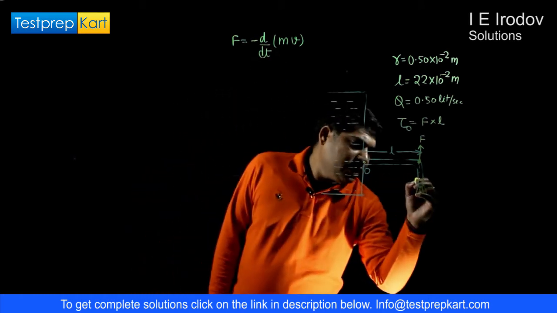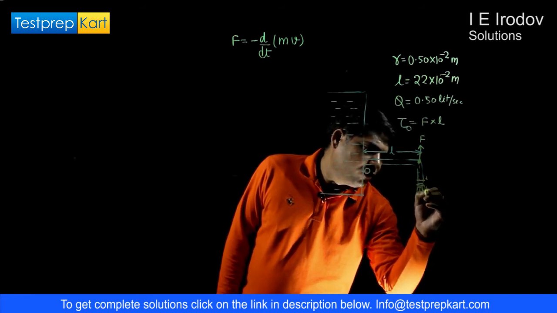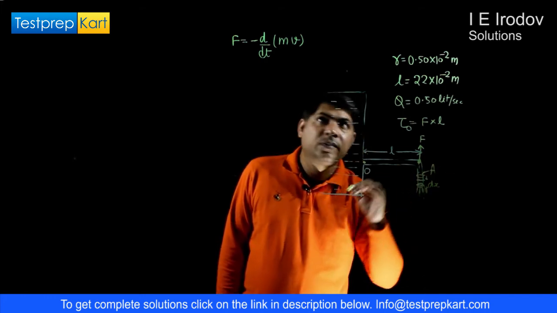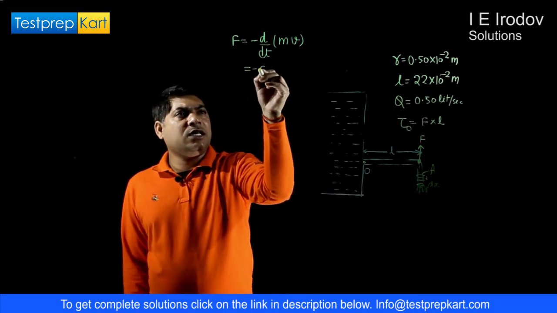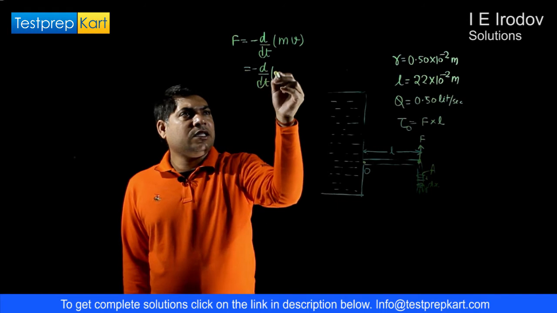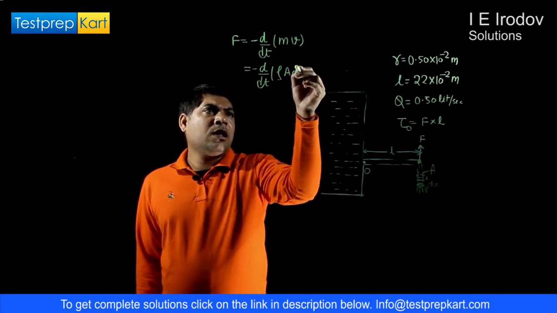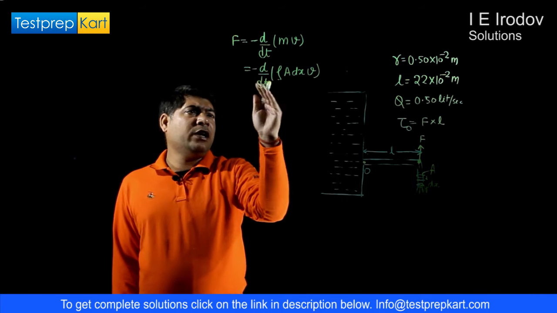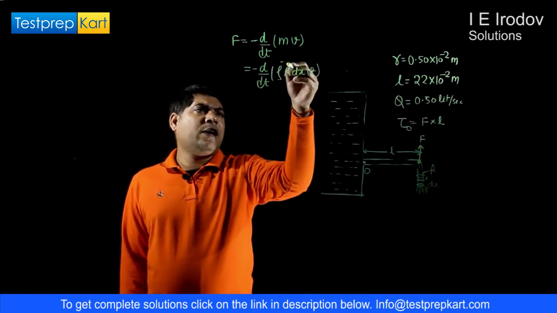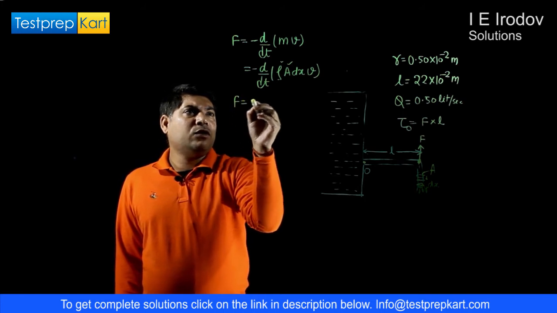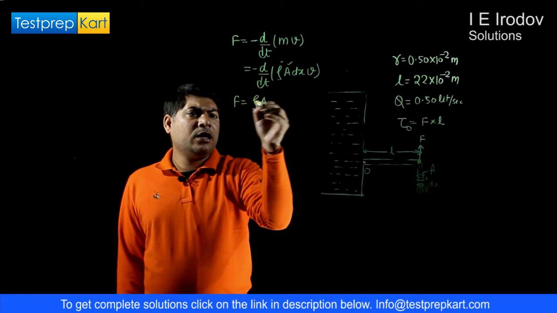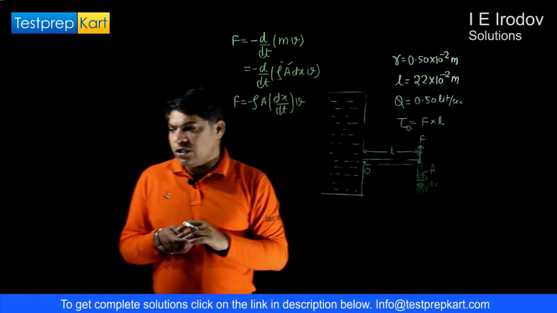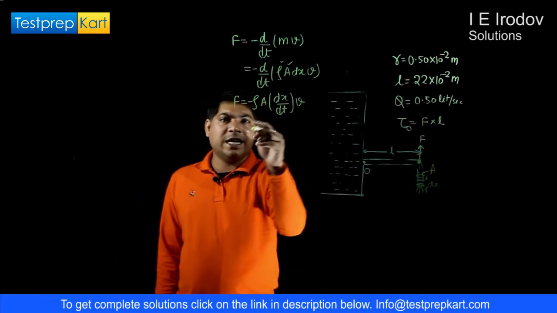Now we consider a small section of this moving liquid of length dx, with cross-sectional area A. We can write the mass in terms of density, that is rho A dx, into V. The rest of the values are constant, so force is equal to rho A dx over dt into V. This dx over dt is the velocity of the liquid coming out.